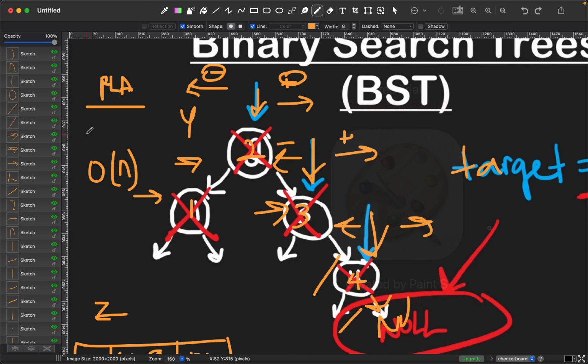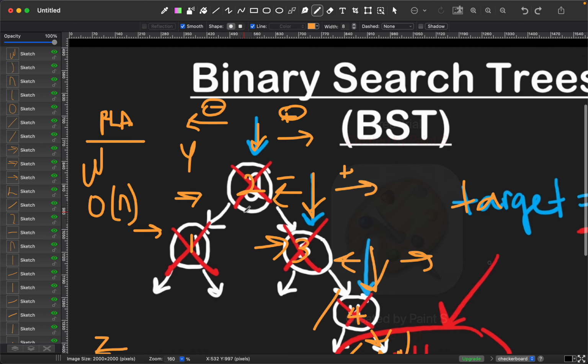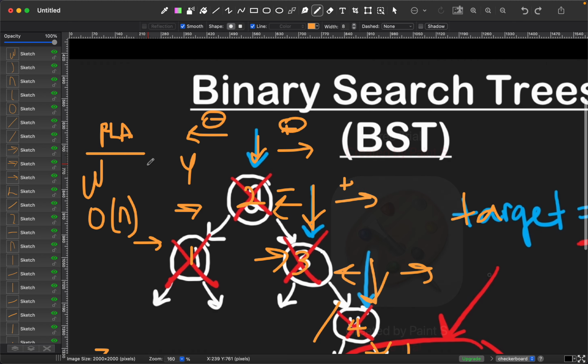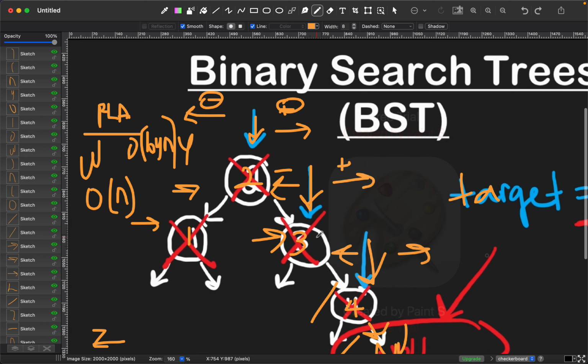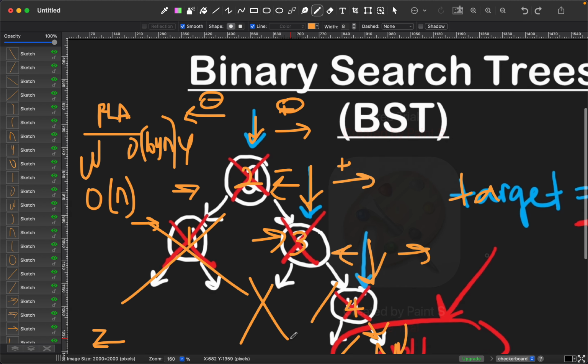I think this is the W operation where you reiterate, but for the Y operation it's constantly cutting half every time it goes through a certain value. So most likely it's going to take O(log n), because it's constantly cutting half, cutting half, cutting half.